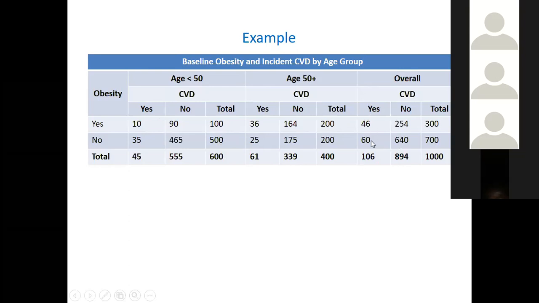And out of the 106 that have cardiovascular disease, 45 are less than 50 and 61 are 50 and above. Out of 894 that don't have cardiovascular disease, 555 are less than 50 and 339 are 50 and above. This is the data set.